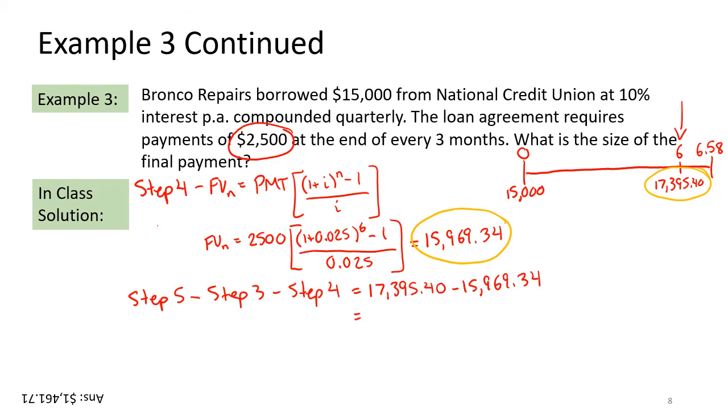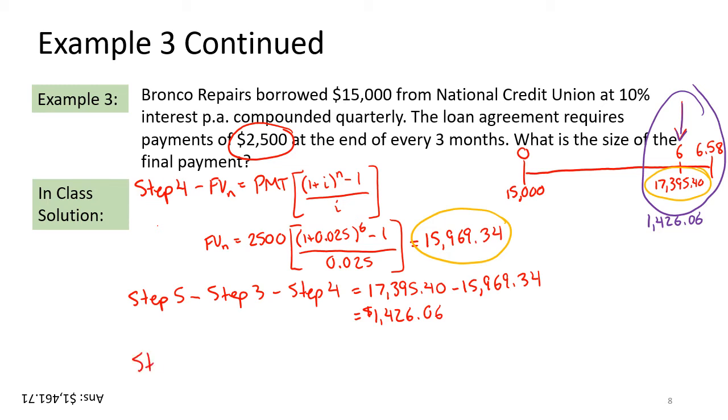And if we do that, we get a value of $1,426.06. So what this means is at this period in time, at payment period 6, we would have an outstanding loan of $1,426.06. Now, since we don't pay it till the end of the period, it's going to have interest associated with it. So our final calculation is just going to add that interest to it.